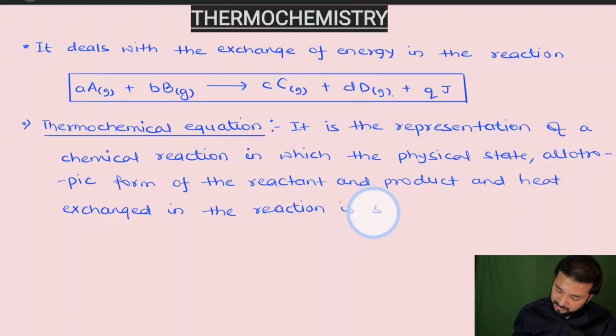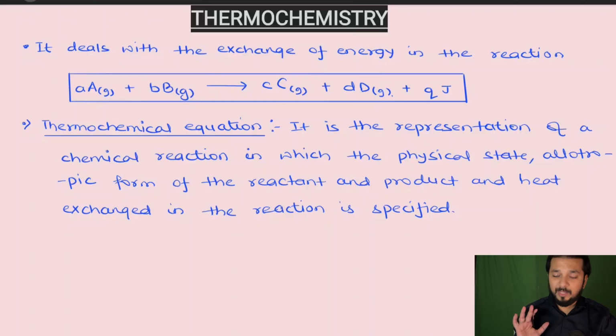So those reactions in which we mention the physical state of the reactants and products, if any allotropic form is there then it is specified, and we are mentioning how much heat is exchanged in the reaction, those types of chemical equation are known as thermochemical equations.